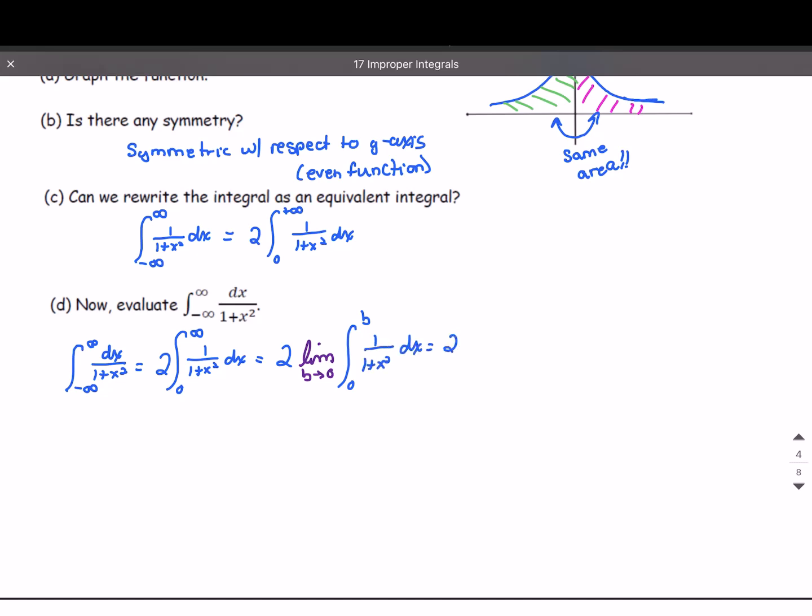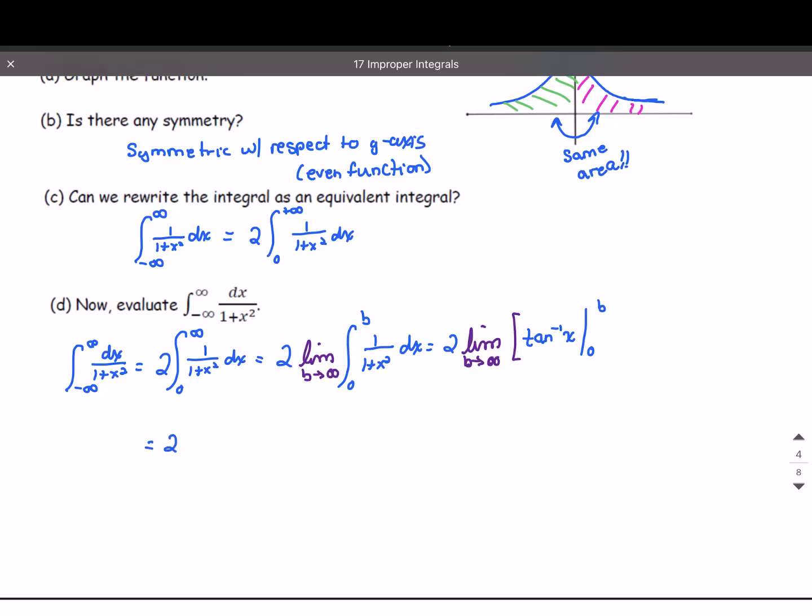So I still have my 2. I have my limit as b approaches infinity. And my antiderivative of 1 over 1 plus x squared is tan inverse of x. And we're evaluating from 0 to b.